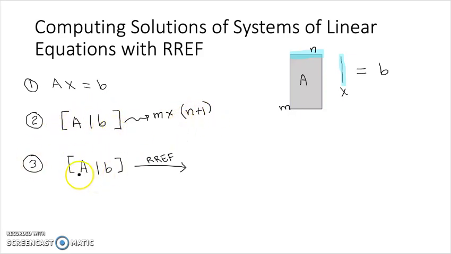So once we have the augmented matrix, we compute the reduced row echelon form, and then out of that computation we proceed to determine what the solutions are. Here we would have to rewrite the equations and address perhaps what is the general form of not only one solution.